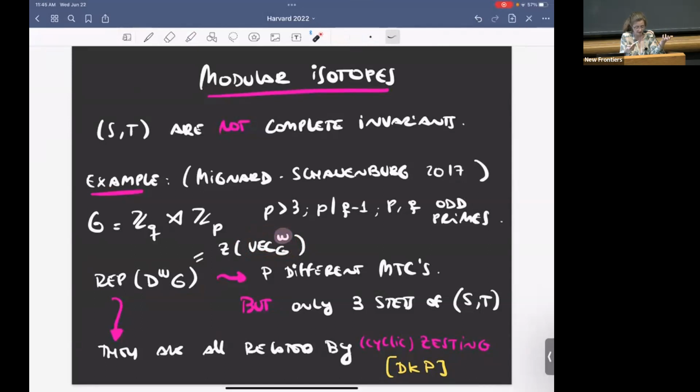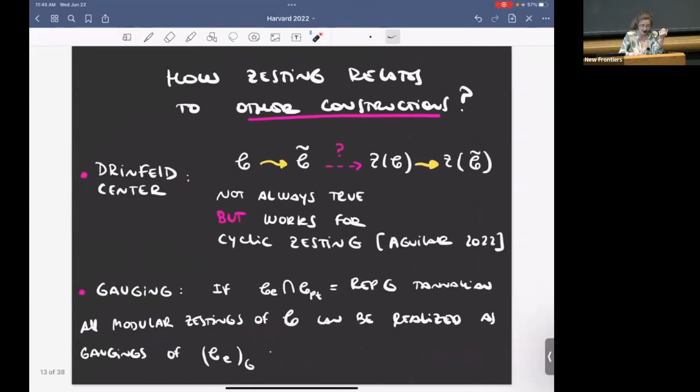So we wanted to know how Zesting relates to other constructions, for example, the Drinfeld center. In this particular case of the Mignard-Schauenburg example, a Zesting of the category induced a Zesting on the centers. But this is not always true.